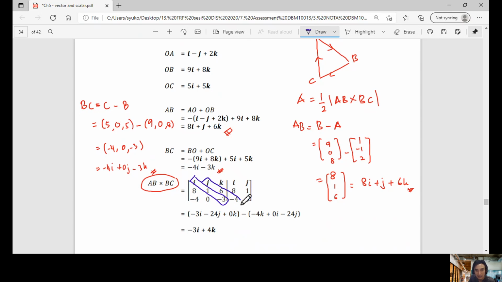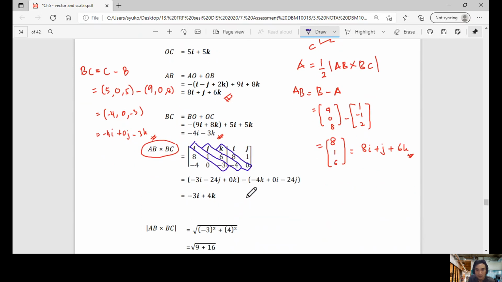Yeah, right. This is very important for you guys to mark the diagonal values here. Okay, because if you mark the wrong diagonal values, you will get the wrong answer. Okay, so that is i, 1, negative 3. So make sure you write the correct position of the value of the vector in the matrix form.